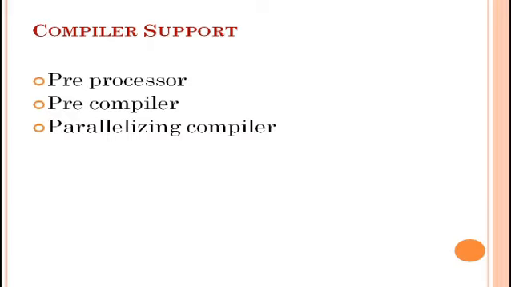And the third approach demands a fully developed parallelizing or vectorizing compiler which can automatically detect parallelism in source code and transfer this sequential code into parallel code here. So the efficiency of binding process depends on the effectiveness of the preprocessor, the pre-compiler, and the parallelizing compiler.